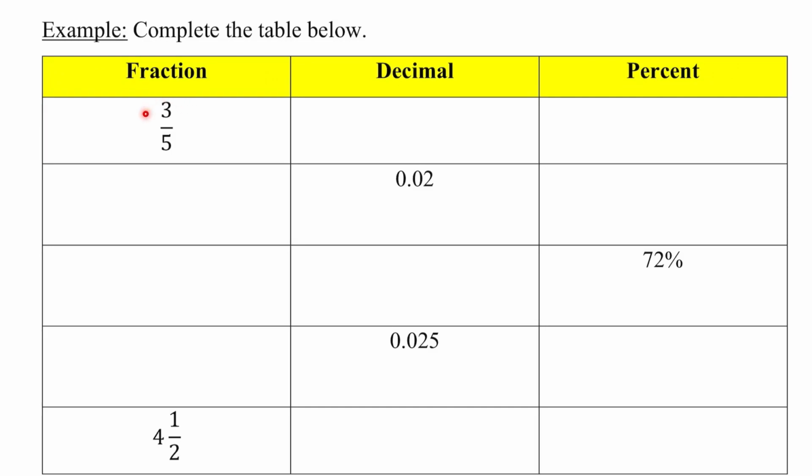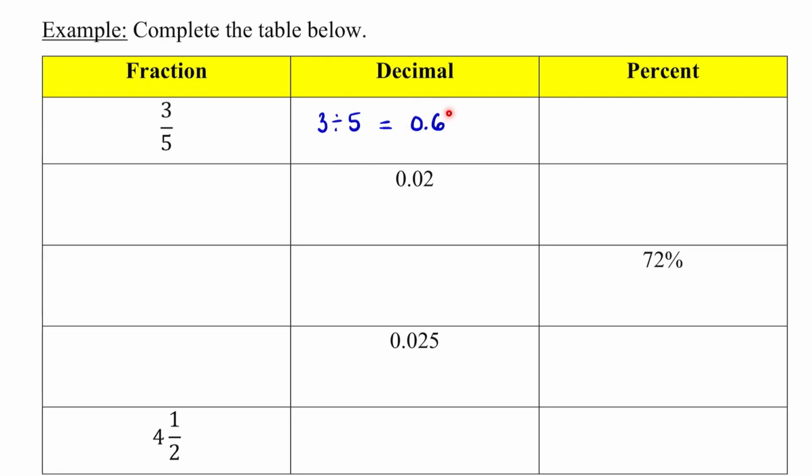Let's start with 3 over 5. I have a fraction, and I want to convert this fraction to a decimal. In order to do so, I take 3 divided by 5. When I take 3 divided by 5, I got 0.6. 3 over 5 is equivalent to 0.6. And I also want to turn that into a percent.